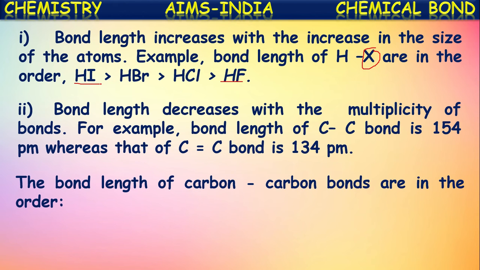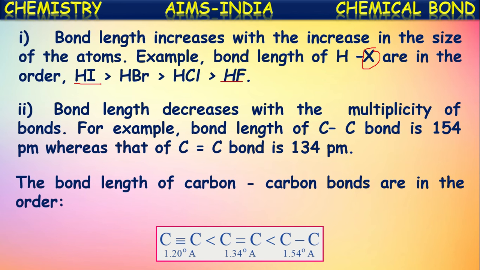See here, the bond lengths of carbon-carbon bonds are in this order. If both the carbon atoms are connected with a single bond, then the bond length is 1.54 angstroms. If both are connected with a double bond, then the bond length is 1.34 angstroms.